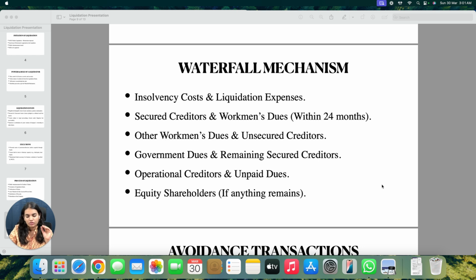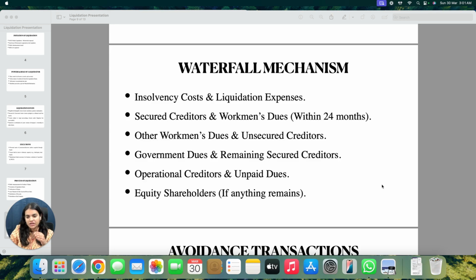If an amount of 10 crores is realized after having sold off assets, since secured creditors and workmen's dues fall on a pari passu basis, on equal footing, such 10 crores will have to be distributed proportionately amongst such creditors.